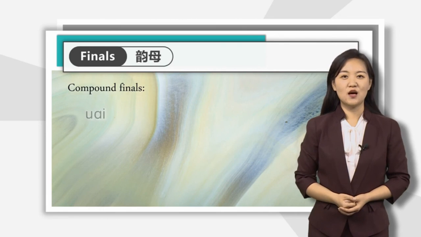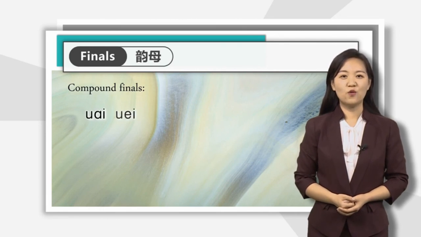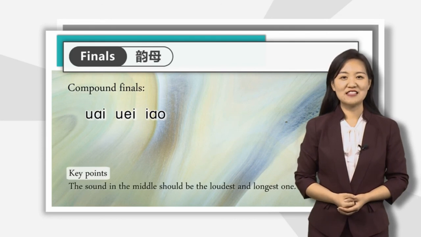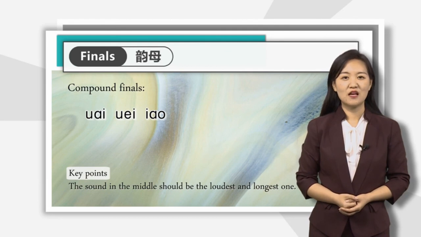Next group. iao, uei, iou. When pronouncing these three finals, the middle sound should be the longest and loudest one. 跟我读。Yao, wei, you. Well done.